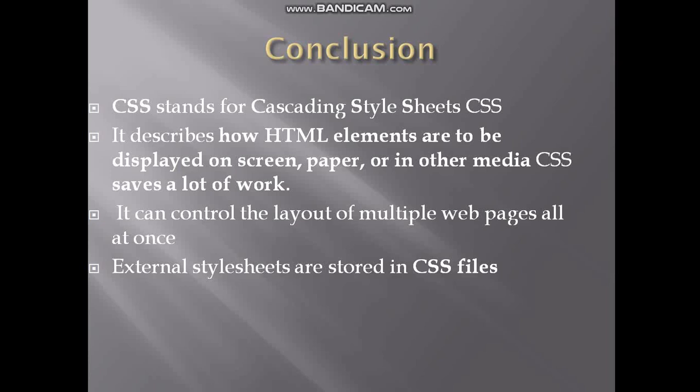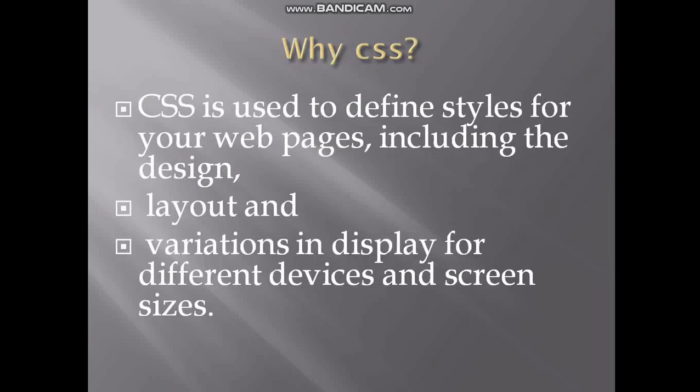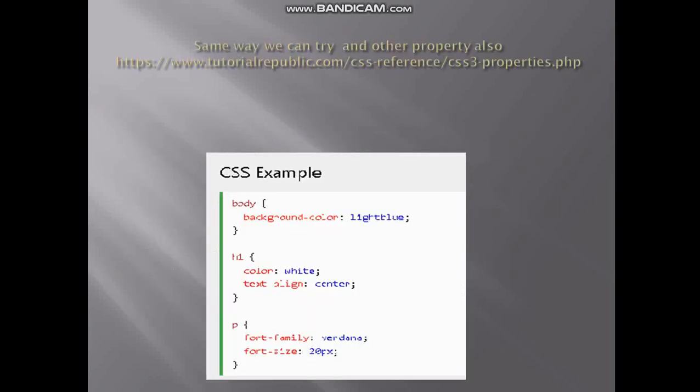Okay, you can control the look and feel of single line, single page, or many pages at a time using inline, internal and external CSS. Okay, so some more example I had given, that you can change the properties of body tag also, h1 tag also, p tag. Likewise many tags, the look and feel of many tags you can change.